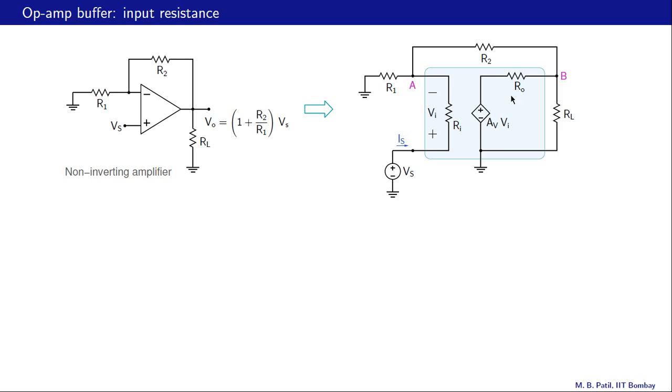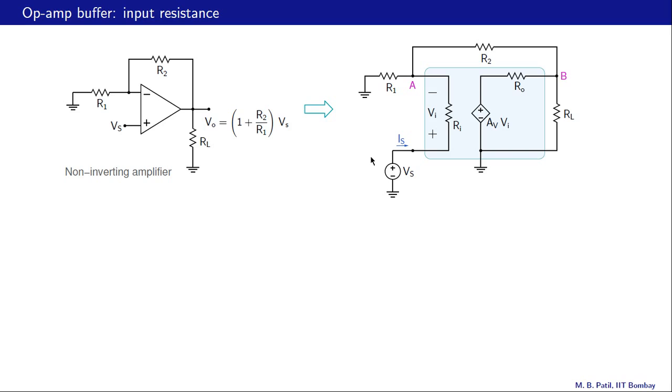To obtain the input resistance, what we do is apply a voltage source Vs here, find this current Is, and then the input resistance of the non-inverting amplifier, as seen from here, will be Vs divided by Is. To get Vs over Is, there may be different ways of doing this.